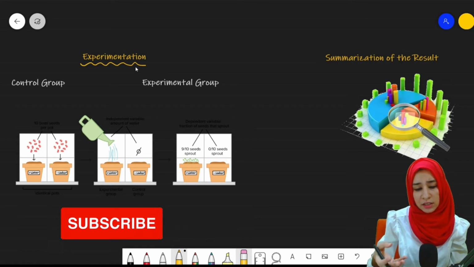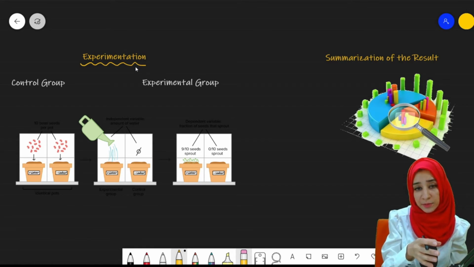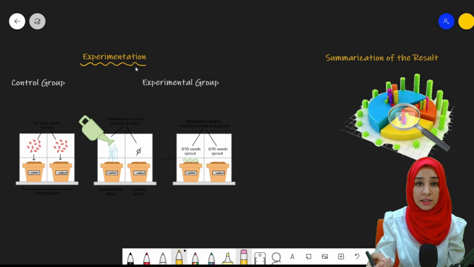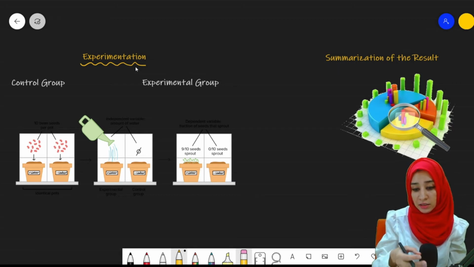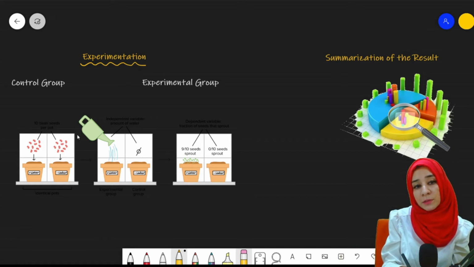On the basis of the results, we will conclude that yes, this hypothesis is accepted because this is the right information. Whereas if the results show that all of the results that were given were wrong, then that hypothesis will be rejected.